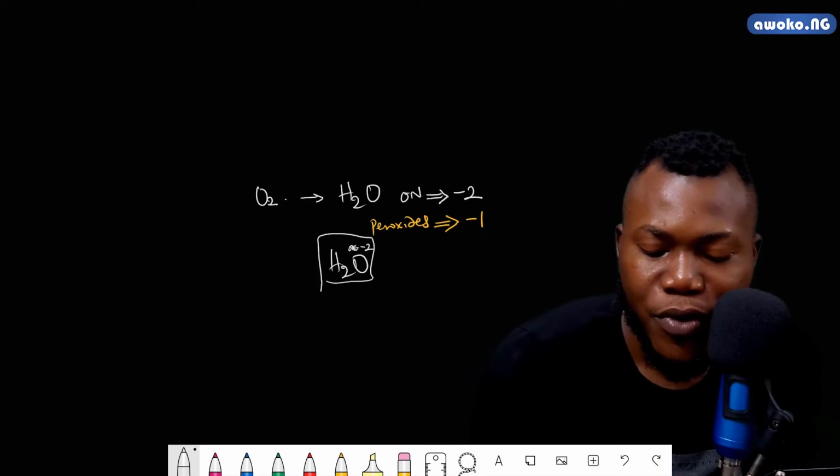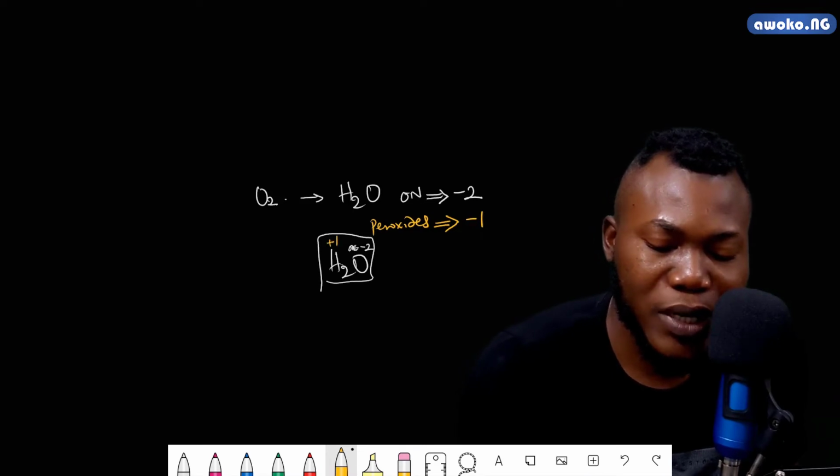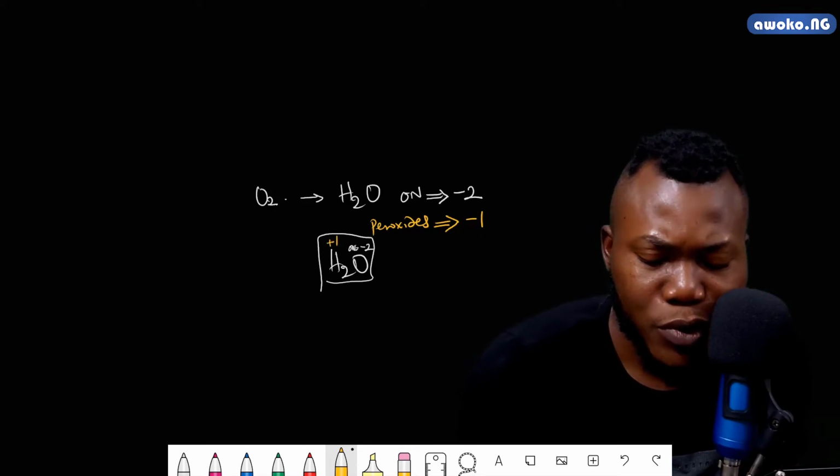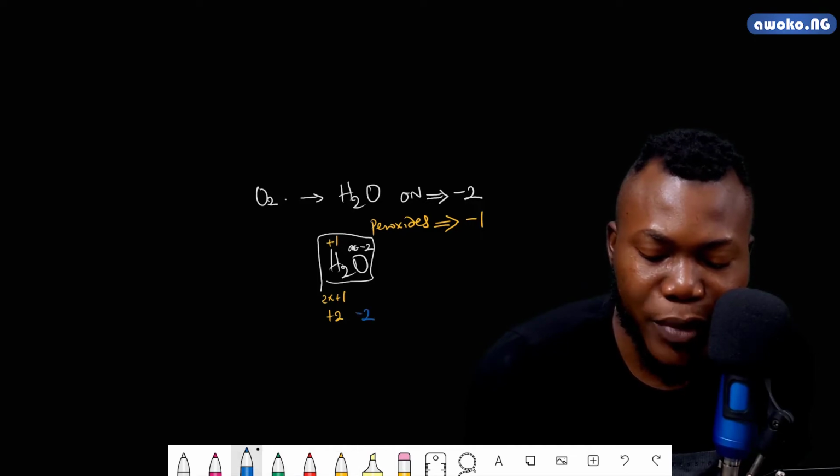Now for hydrogen, we know that when it's with non-metals, it always assumes +1. But we have 2 atoms of hydrogen here, so each of them is +1, and multiplying gives us +2. If we bring down the -2 we have here, it will be -2.